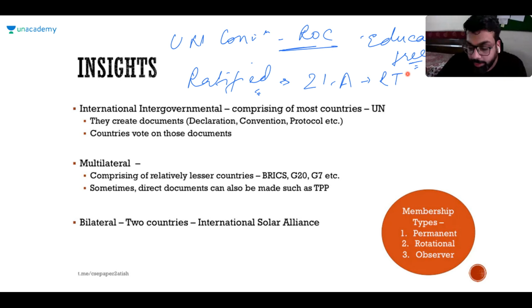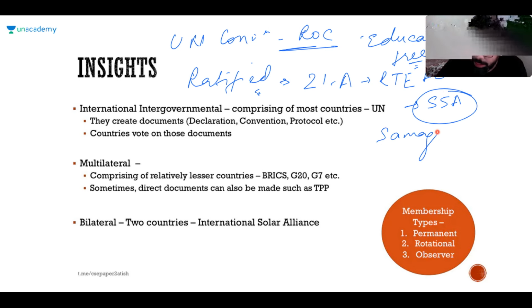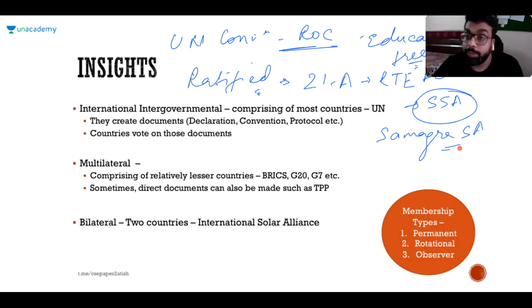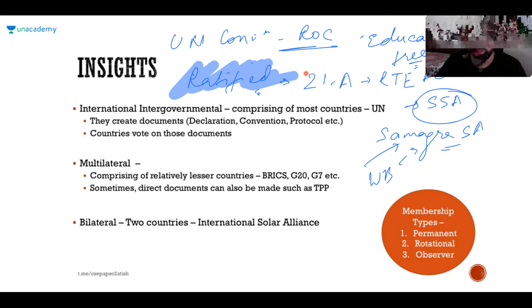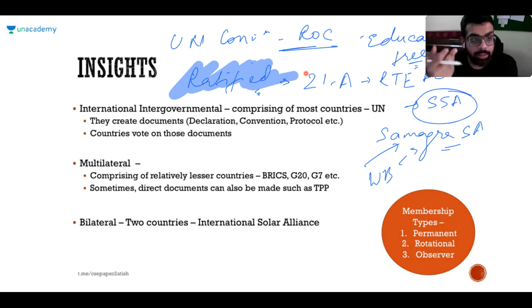We also passed the Right to Education Act, and we also set up something called the Sarva Shiksha Abhiyan, which is now merged under something called the Samagra Shiksha Abhiyan. You should be very proud to know that the World Bank actively funds the Samagra Shiksha Abhiyan. One of the reasons behind this is because India has ratified the UN Convention on the Rights of the Child, and that's the larger idea behind ratification and a signatory.